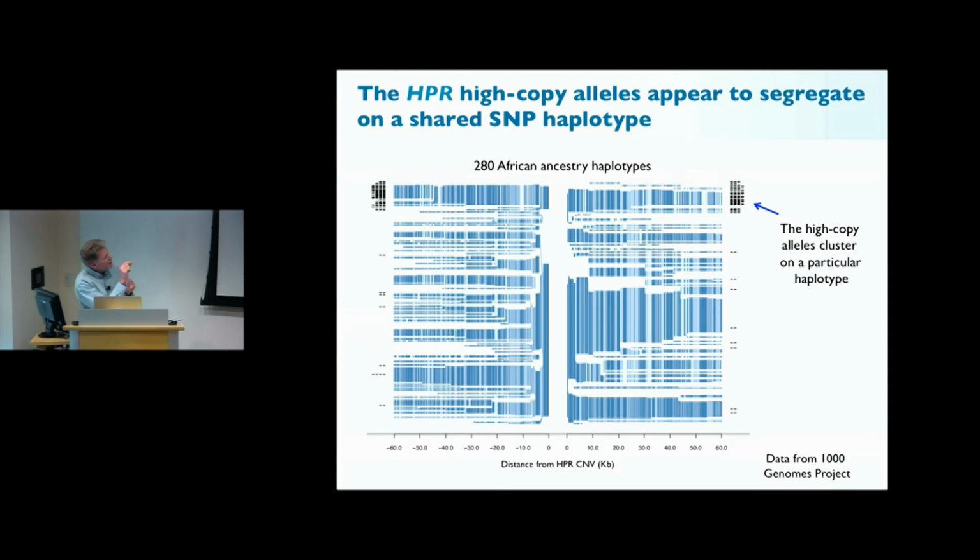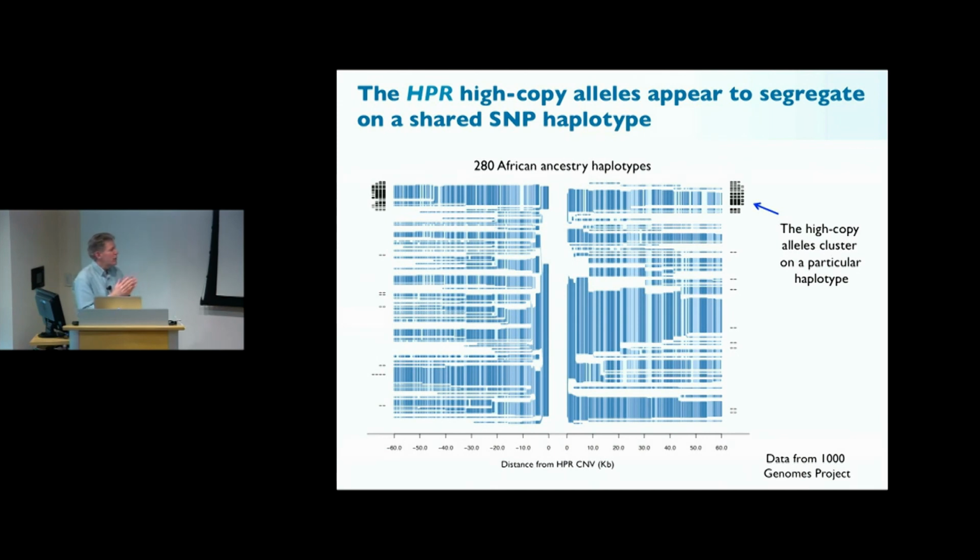And those little black ticks are showing you where the high copy alleles are clustering in terms of the background SNPs. What you can see is that the high copy alleles are generally on this one fairly long, fairly uniform SNP haplotype. But within that haplotype, all the different duplication alleles, which have different copies on them, are all together. In fact, there aren't a lot of SNPs that can distinguish one from the other.